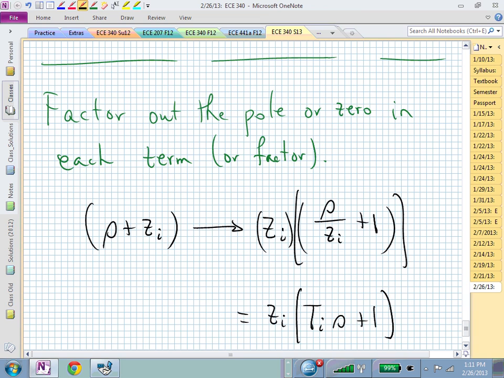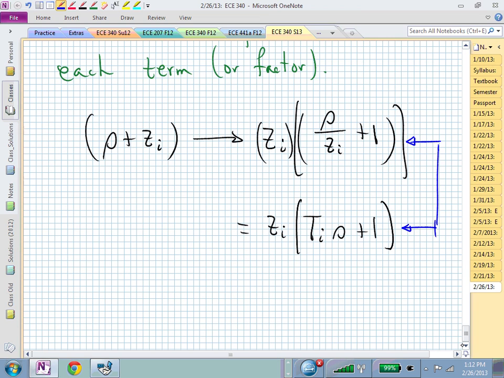That 1 over z sub i is the time constant. And this particular form, whether you keep the explicit zero identified or if you collapse it in and bury it into this time constant, this is then for one factor, it's now in time constant form.